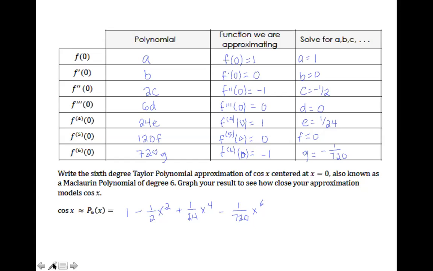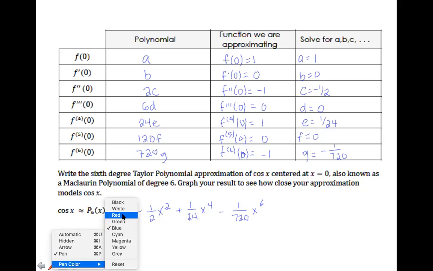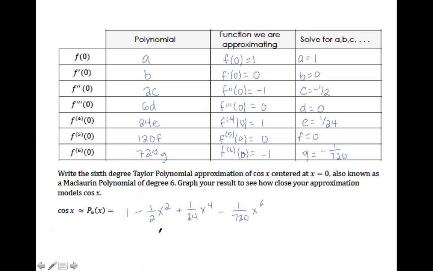Another way to write this, and you may or may not notice, but I'll go ahead and tell you because it's what we use for our approximations. This is the same thing as 1 minus x squared over 2, and 2 is the same thing as 2 times 1, which is 2 factorial.